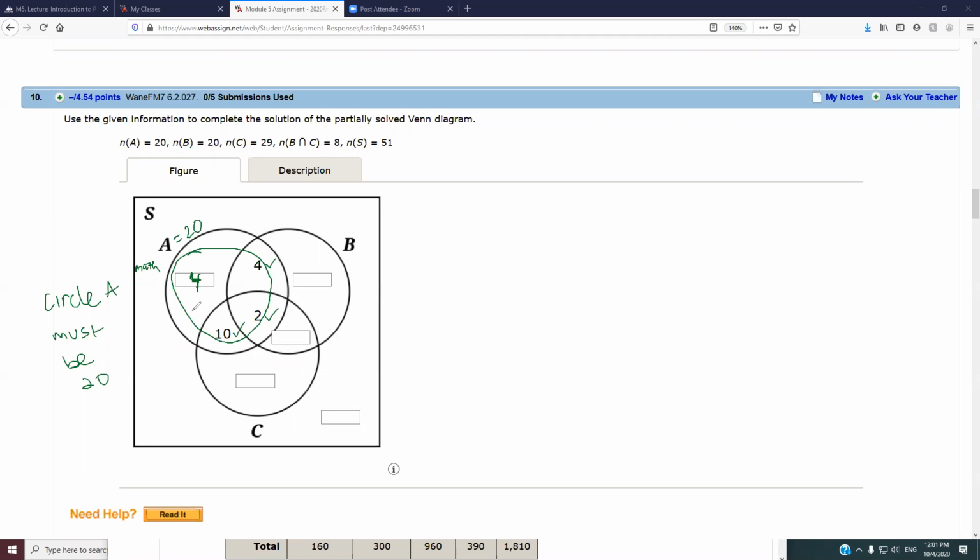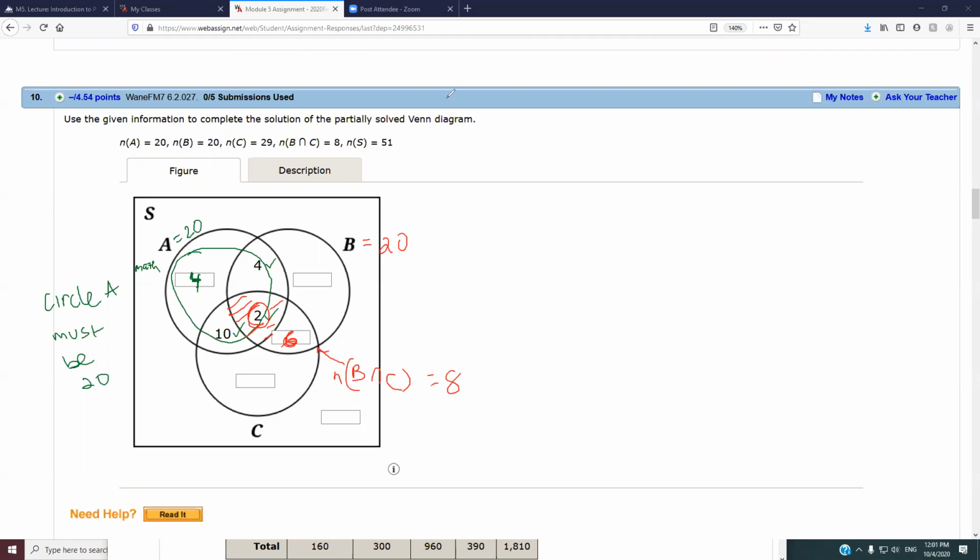All right, let me go to this part here, which I know is B intersection C. And I know this is 8. Well, there's 2 showing here. That must mean there's got to be 6 in this box. All right, now let me look at the full circle B. Full circle B is 20.